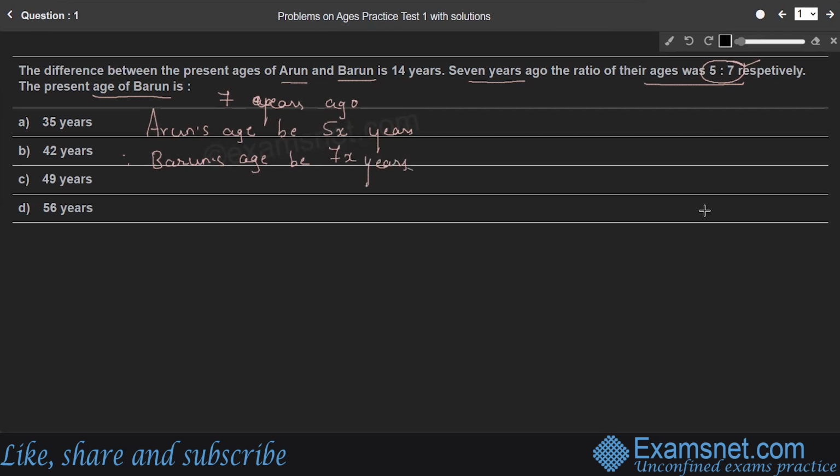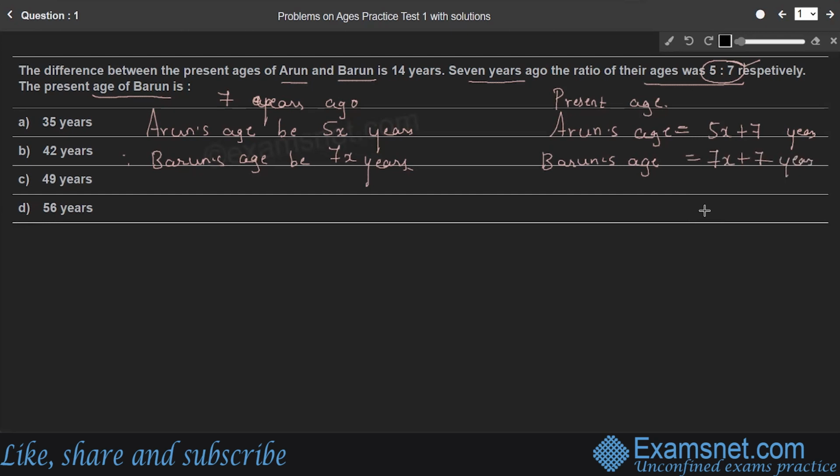Now we'll consider their present ages. Arun's present age: 7 years ago it was 5x, so 5x plus 7 years is his present age, whereas Varun's present age is 7x plus 7 years.